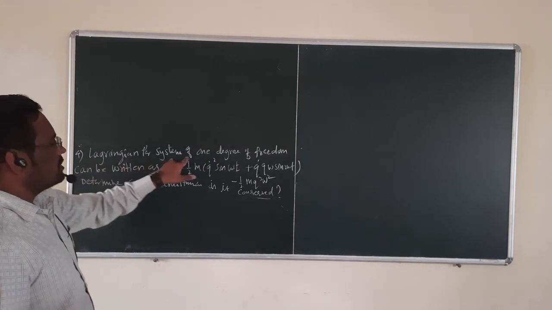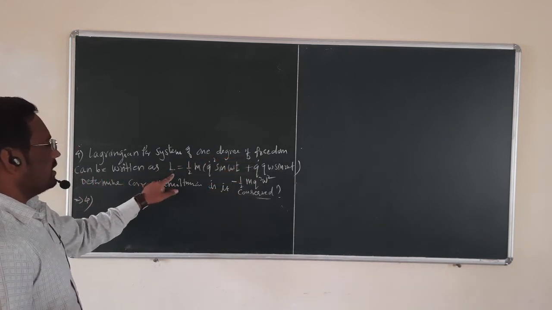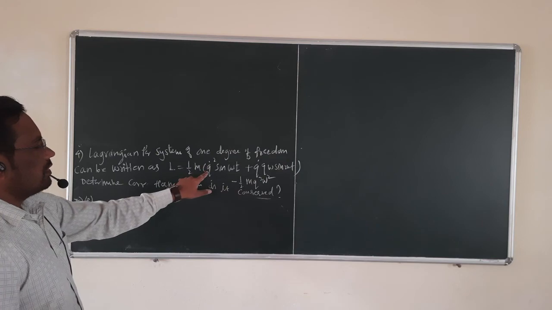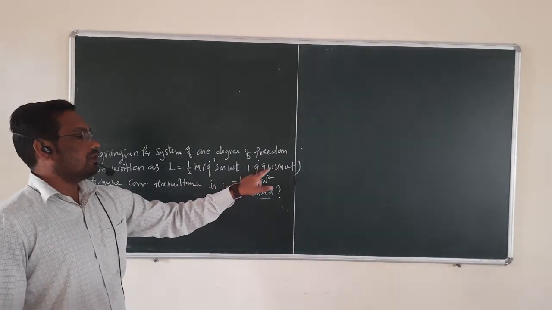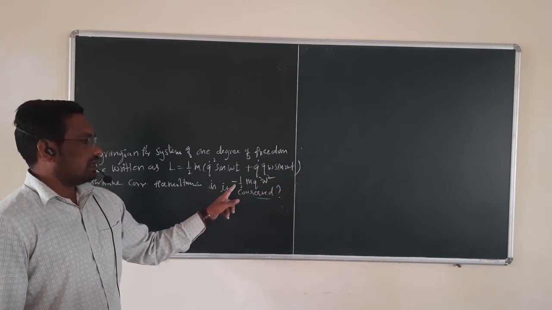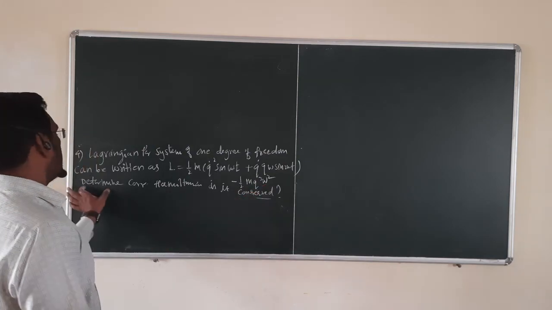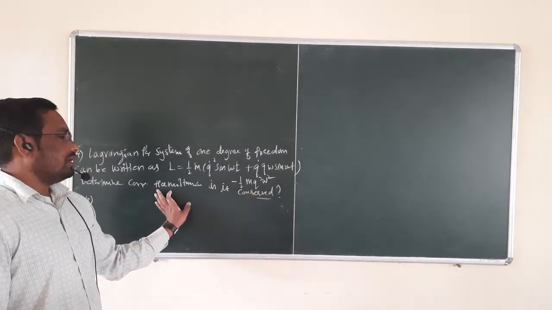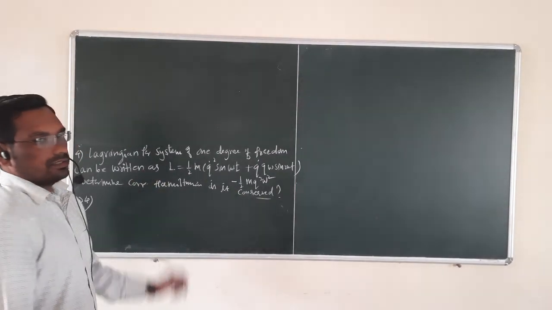The Lagrangian for a system of 1 degree of freedom can be written as L equal to 1 half m q dot squared sine omega t plus q dot q omega sine 2 omega t minus 1 half m q squared omega squared. Determine the corresponding Hamiltonian. Is it conserved? These are the two parts.